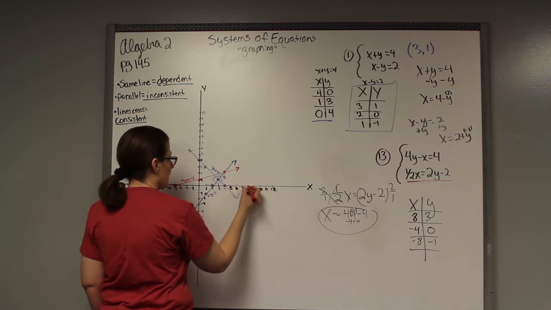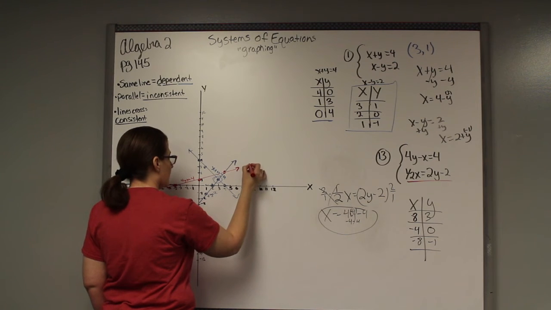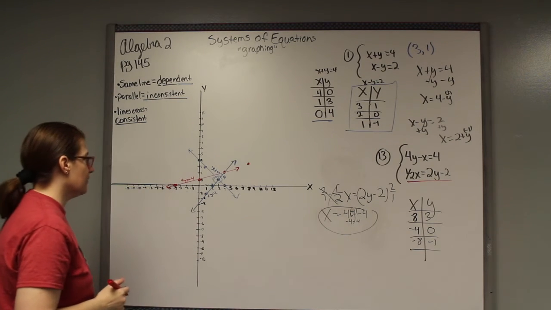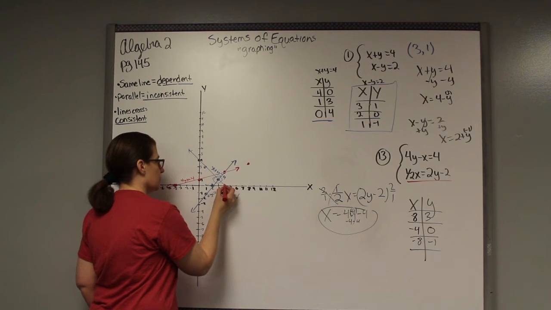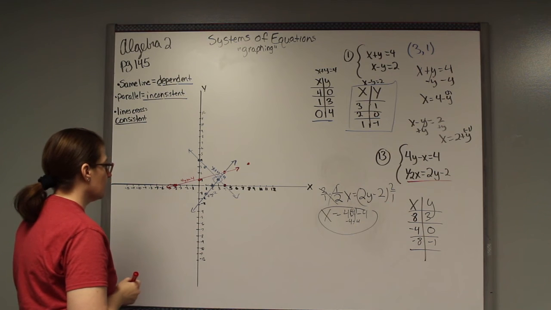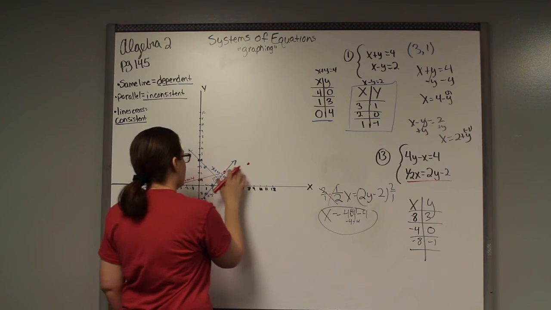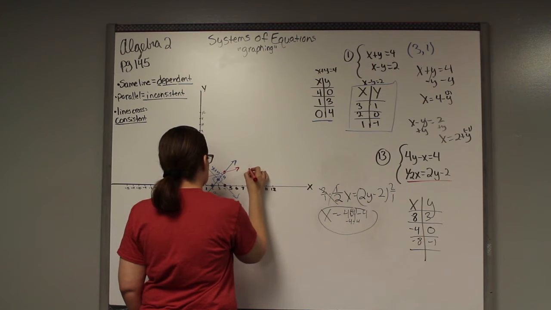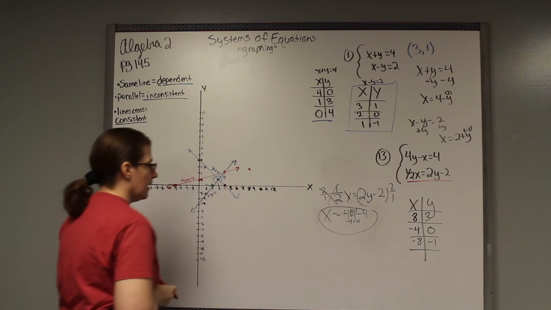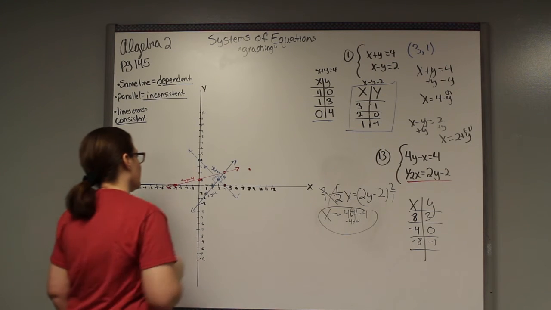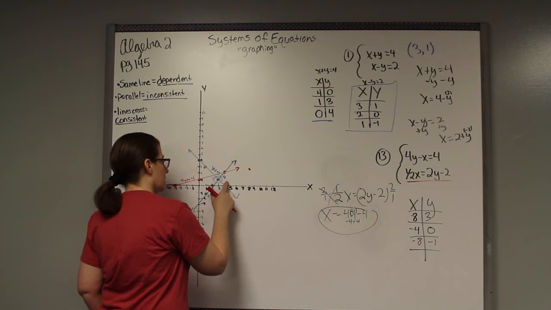8, 3 goes 8 and 3, which is about right here. You have grid lines on yours, good. And then I have negative 4, 0, which is right here. And I have, well, this is kind of high. If I go around right here, we're looking at something like right here. And I have negative 8. Oh, yeah, let me do that. That's wrong.